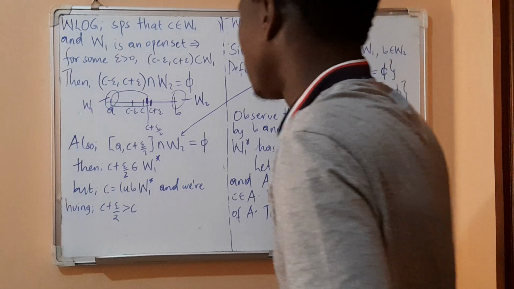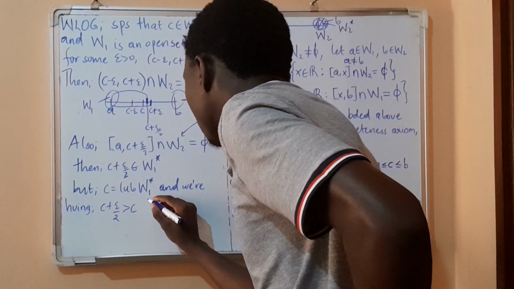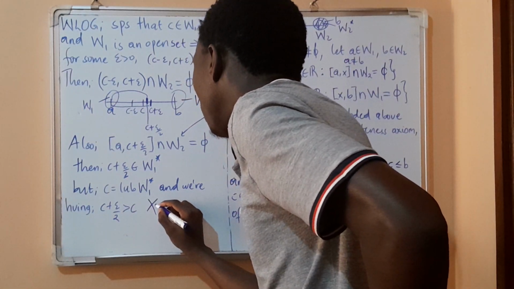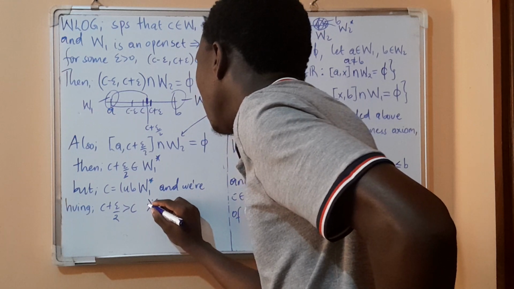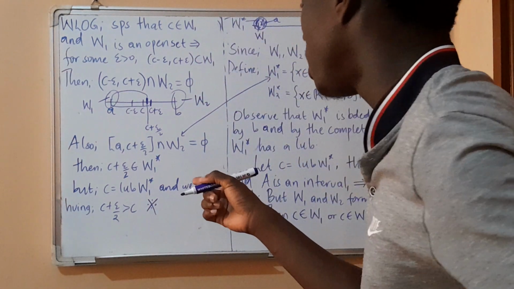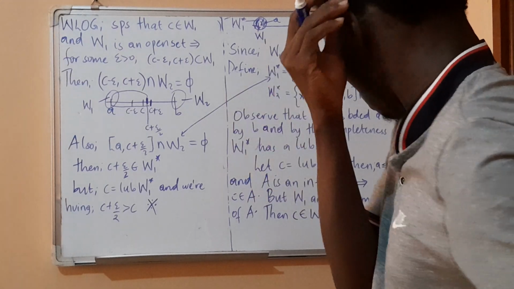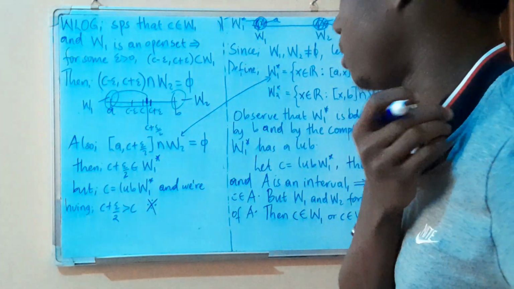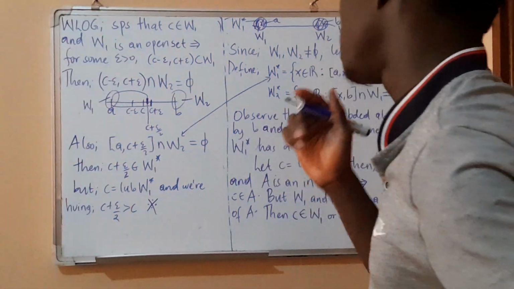This is a contradiction to the fact that C is the least upper bound.